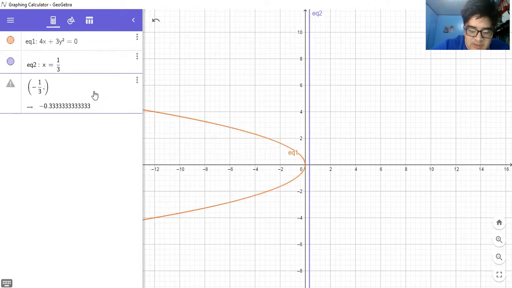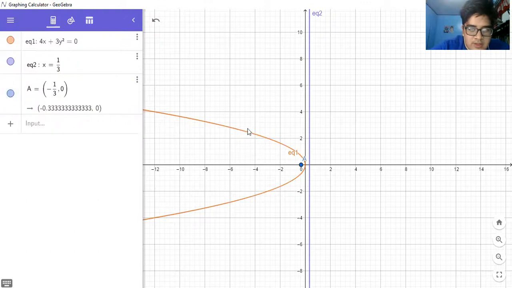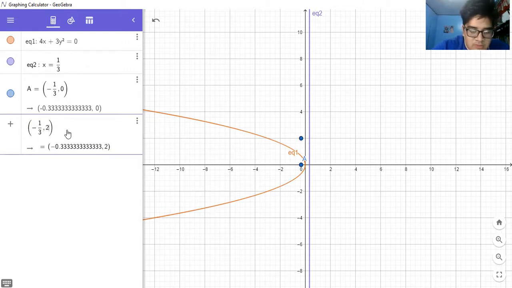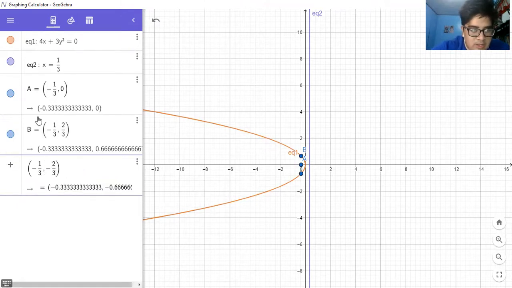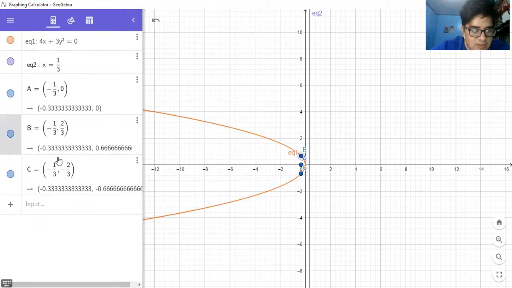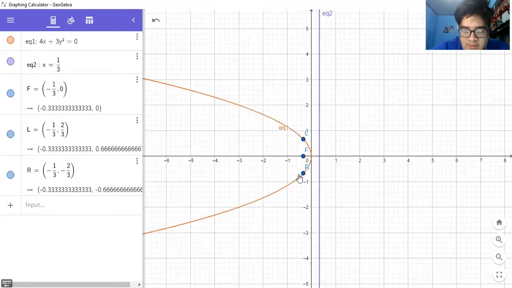Tapos yung (negative 1/3, 2/3). Tapos yung (negative 1/3, negative 2/3). Ilagay natin yan. Pwede bang edit to, no? Yun na edit. L. Ito yung R. Ito yung focus. Diba? Ngayon, i-zoom in natin.